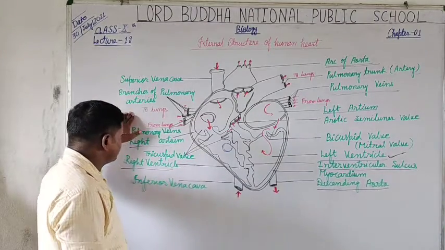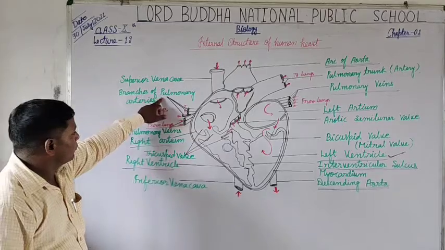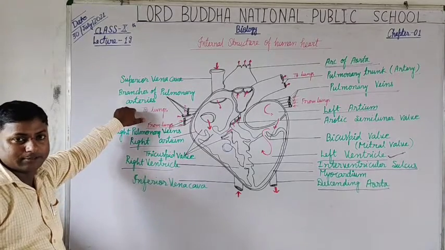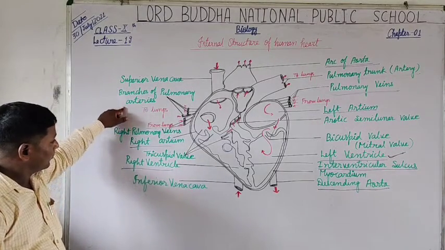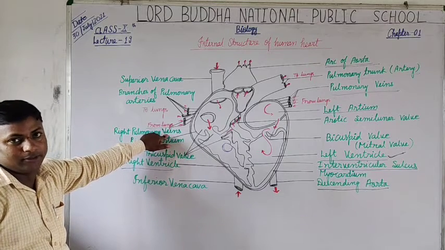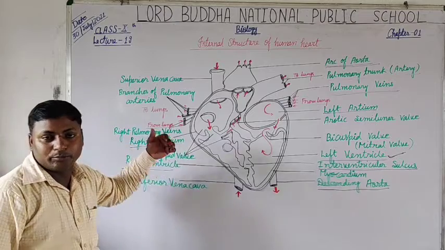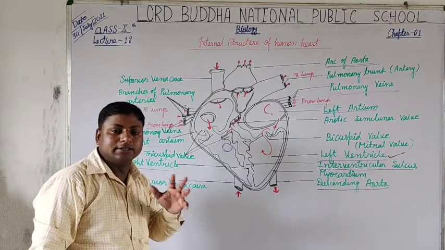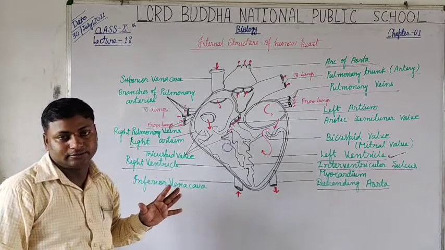So never be confused, because pulmonary arteries always carry venous blood and pulmonary veins always carry oxygenated blood. Venous blood, impure blood or deoxygenated blood are synonyms of each other.